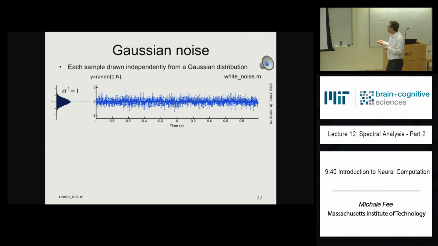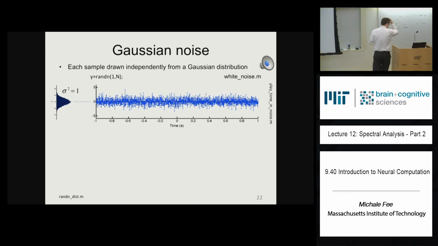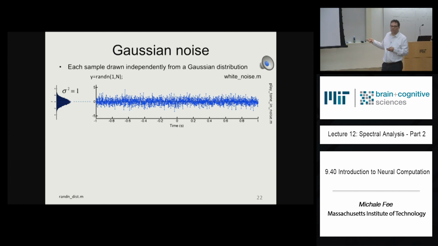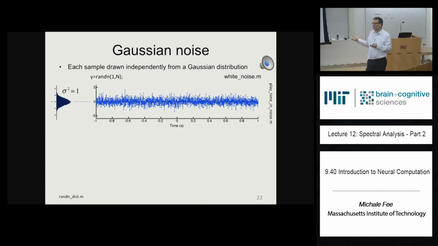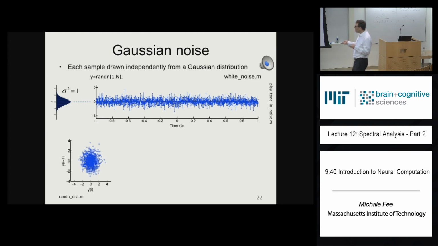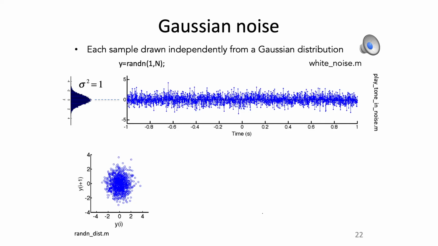Now, what if you plot the correlation between the value of this function at time t and time t plus 1? Is there any relation between the value of this function at any time t and another time t plus 1? They're completely uncorrelated with each other. The value at time t is uncorrelated with the value at time t plus 1. Okay, so there's 0 correlation between neighboring samples.